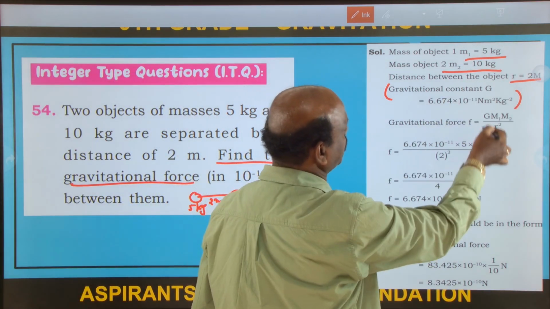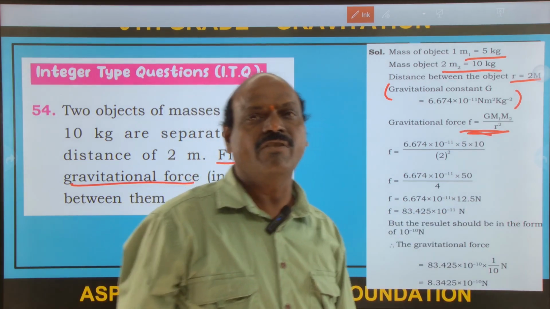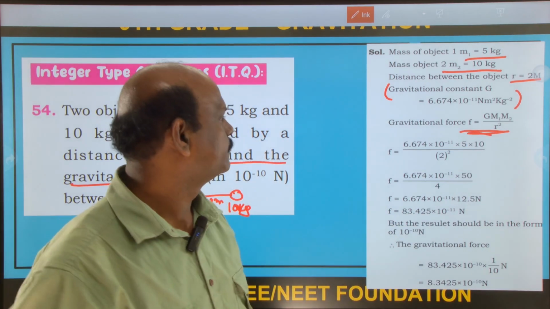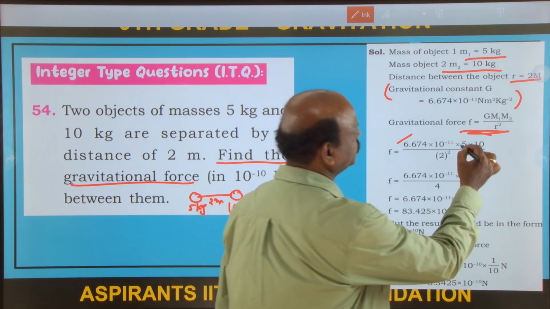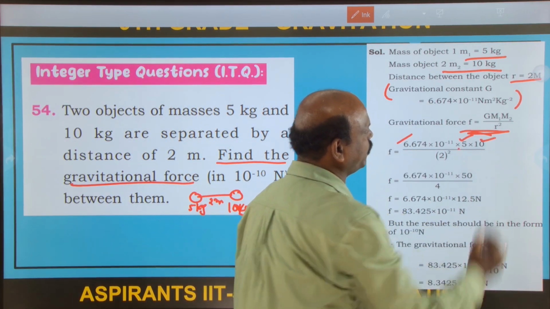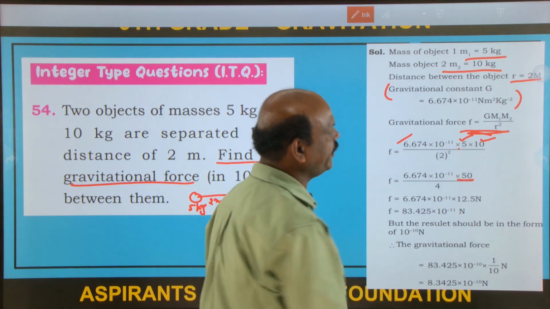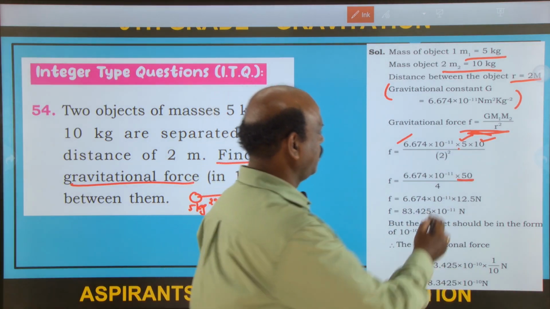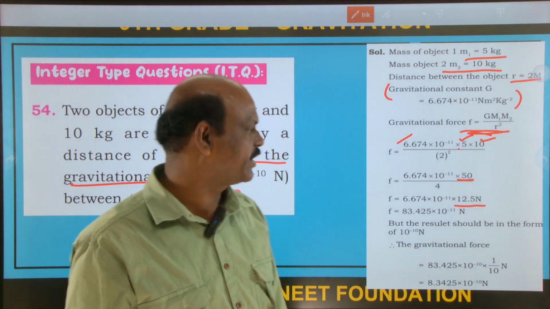Then substitute these values in the formula, F is equal to G into m1 m2 by r square. By multiplying you will get 5 into 10, 50. By dividing 50 by 4 you get 12.5.